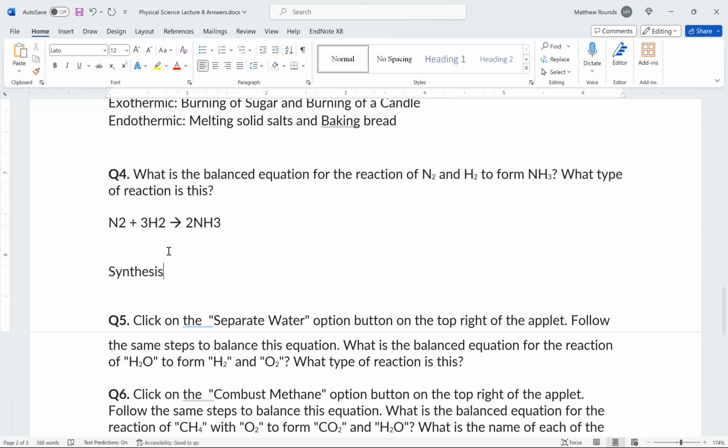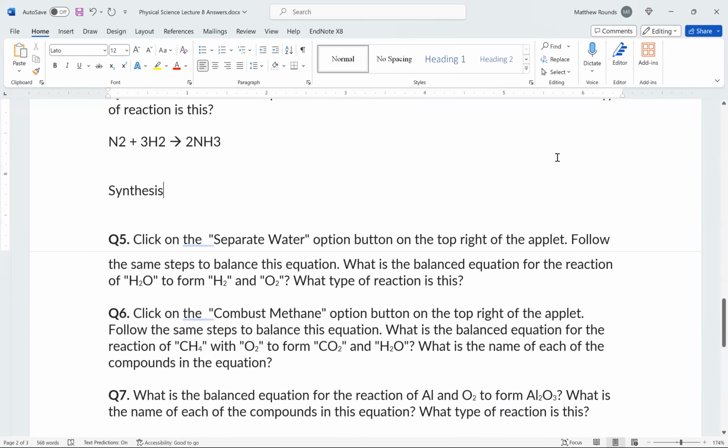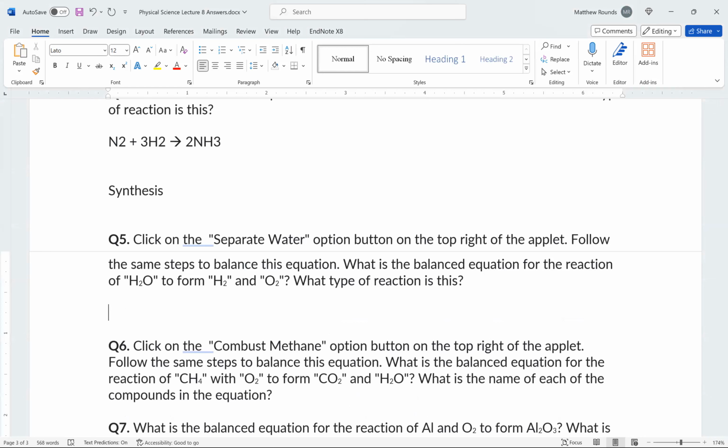Okay. Question 5. Click on the separate water, and follow the same steps to form the balanced equation. So it's a fancy way of saying, how do we go from H2O to H2 plus O2?